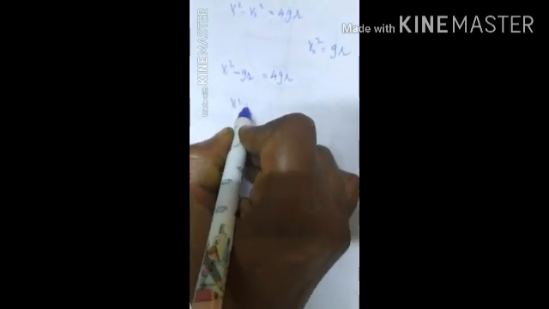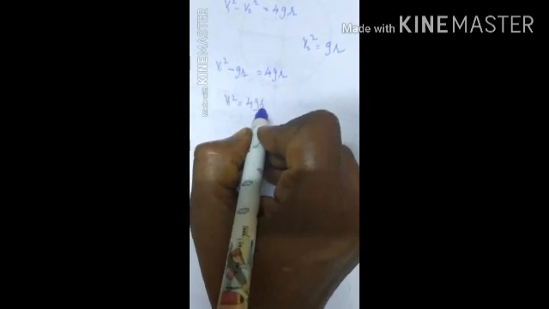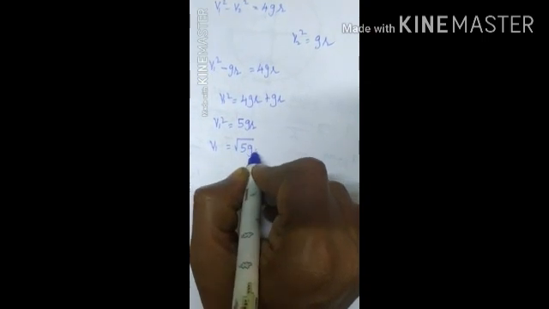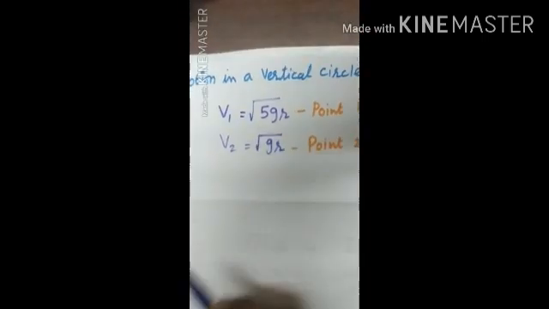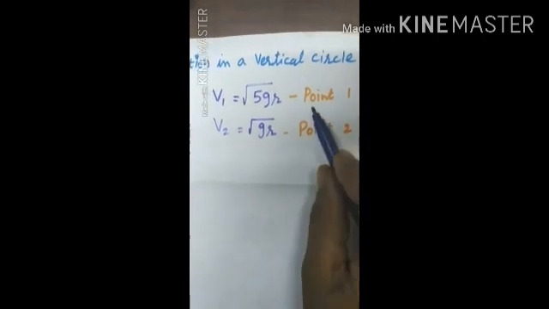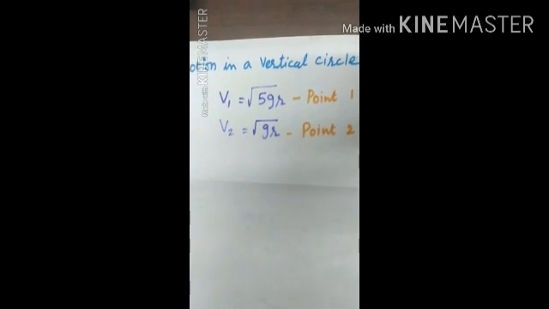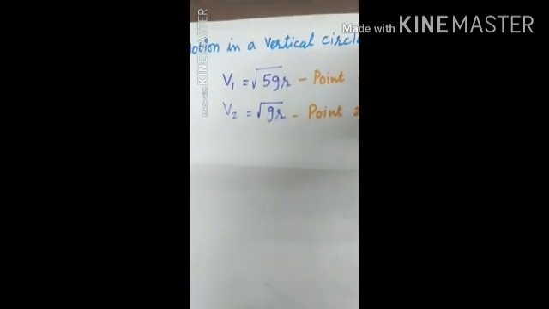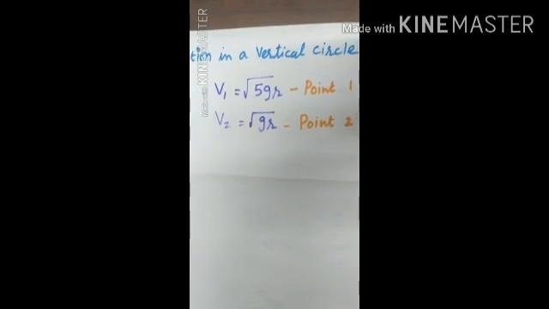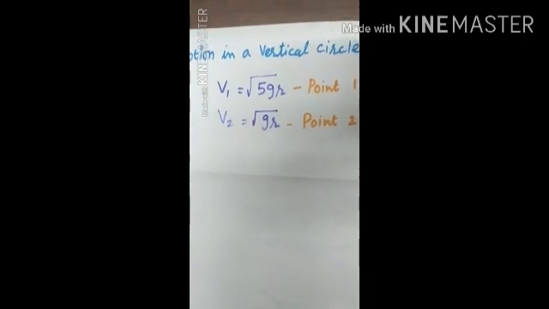So v1 squared is equal to 4gr plus gr, which is 5gr. So v1 is equal to square root of 5gr, and v2 is equal to square root of gr. From the two equations, we know that the minimum speed at the lowest point 1 should be root 5 times greater than the minimum speed at the highest point 2. So the body loops without leaving the circle.